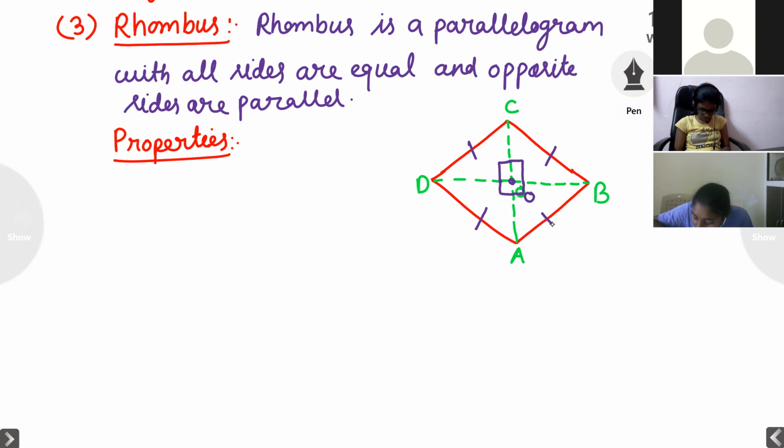Properties. First property, all sides are equal.